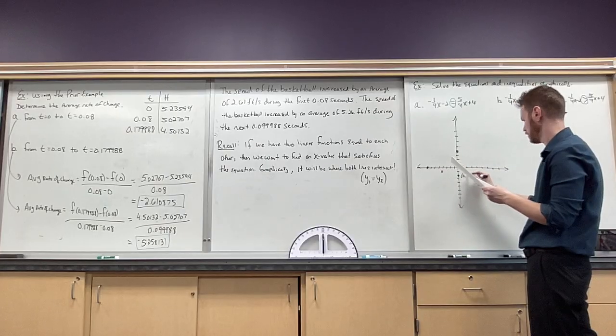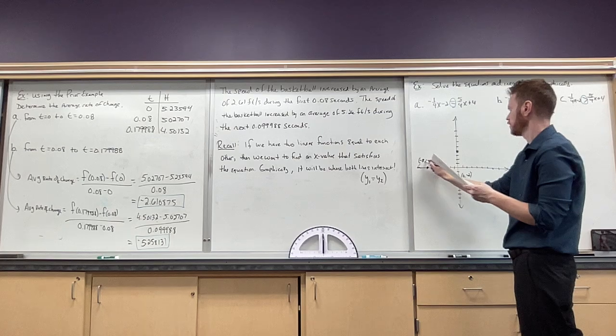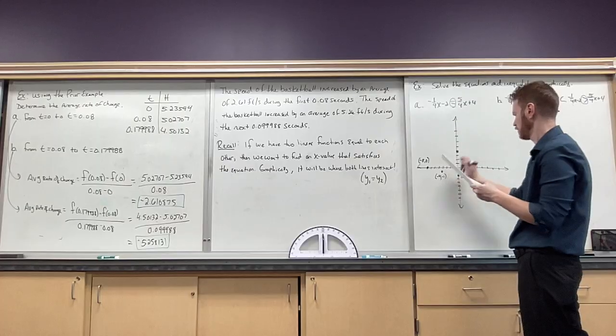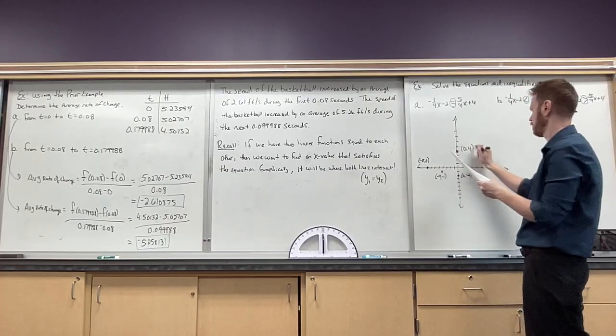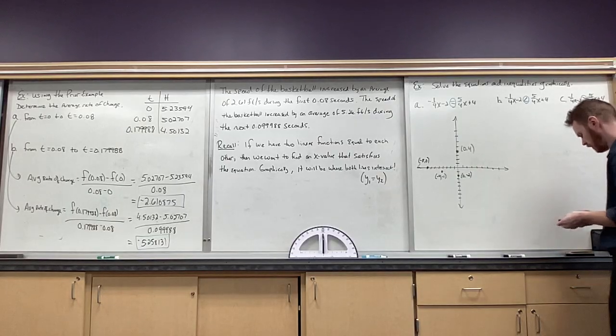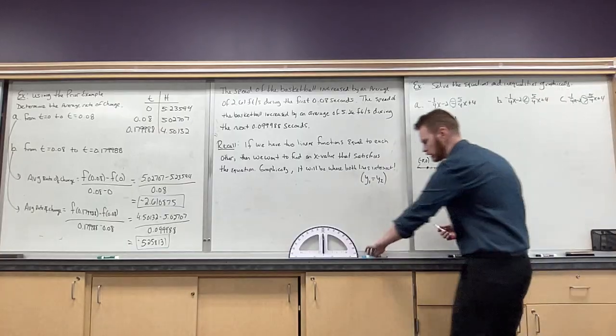I'll write the points out so that way you can graph it a little bit better in your notes. Okay, so there we go. So there's the points. Why not? Let's use some colors. Let's make it pretty.